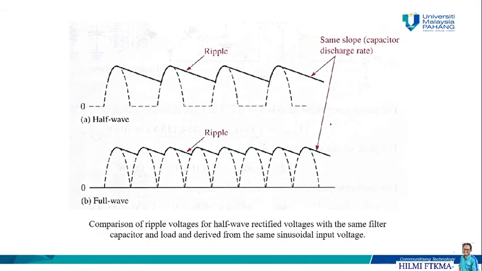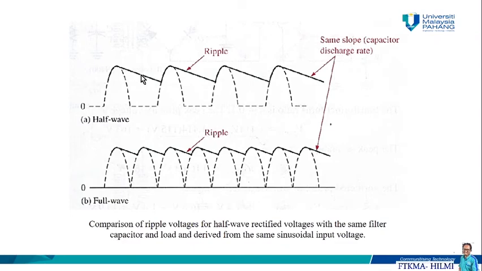So let's take a look at the difference. For a given input frequency, the output frequency of a full wave rectifier is twice that of the half wave rectifier. This makes the full wave rectifier easier to filter because the time between the peaks is much shorter. If you look at a half wave rectifier with the same frequency, the peak is here, and then the next peak is here.